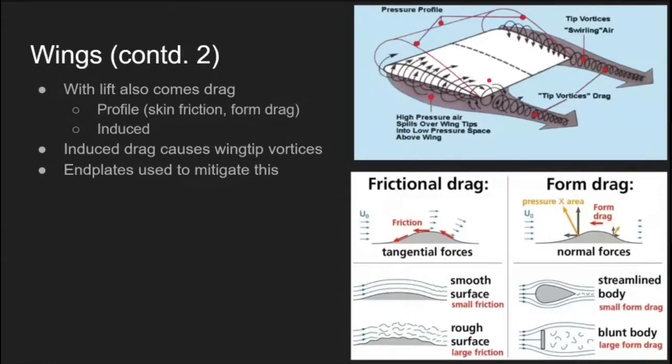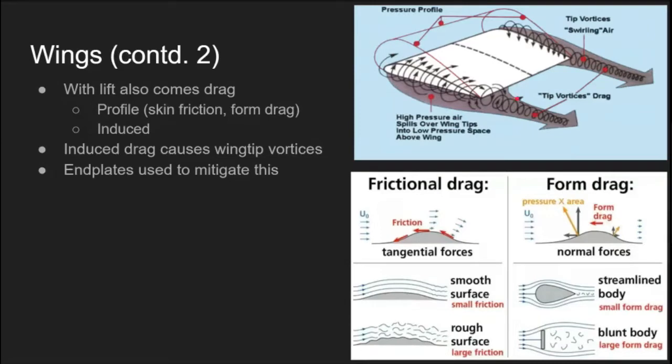And then as the wing moves forward, this rotational movement gets expanded out, and it basically turns into tip vortices, right? And these vortices cause a certain drag to be produced.